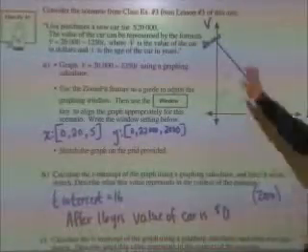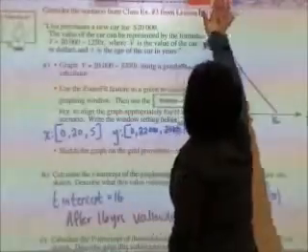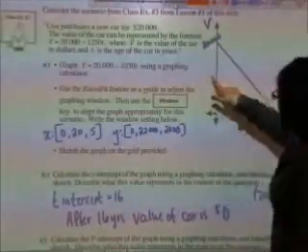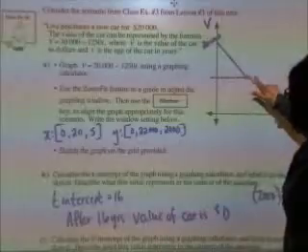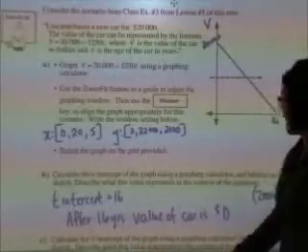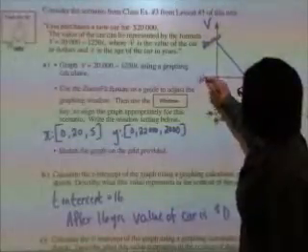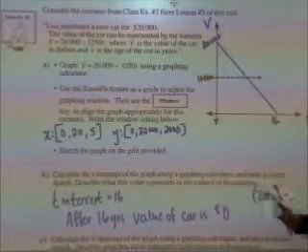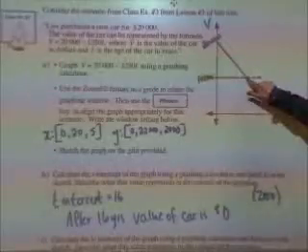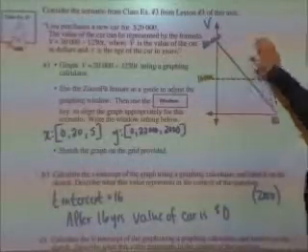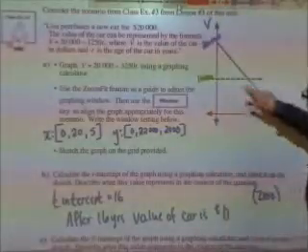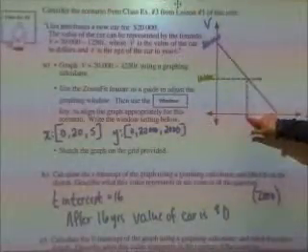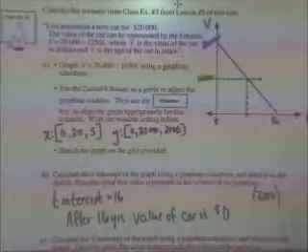What you're trying to find is when y equals 10,000. So if the v value or the y value is equal to 10,000, what's the t value?